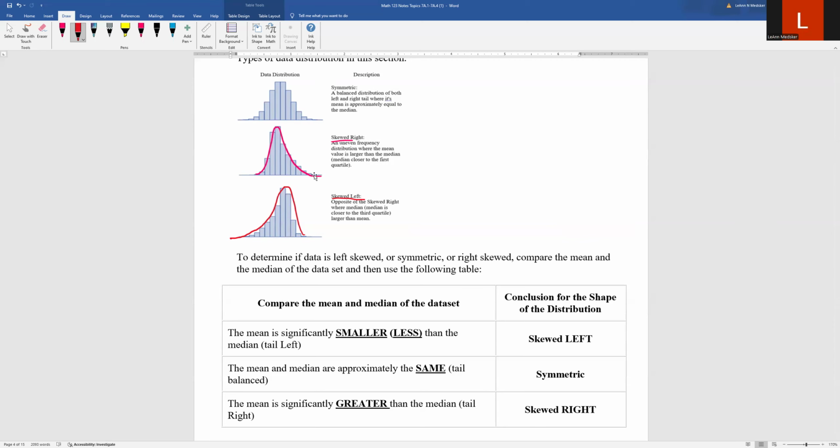So it can move higher if we have a bunch of high scores. So notice the mean is significantly greater than the median if you're skewed right. Your median's at the peak and your mean's a little further to the right of that. If you have a skewed left data set, your median's still in the middle of the data, but your average got pulled down. So your mean is significantly smaller than the median. Okay, so that'll help us with some comparison statements.